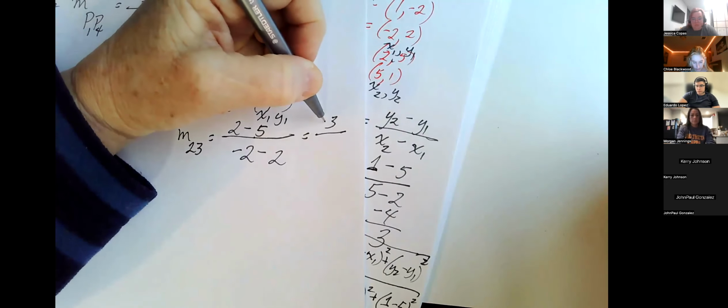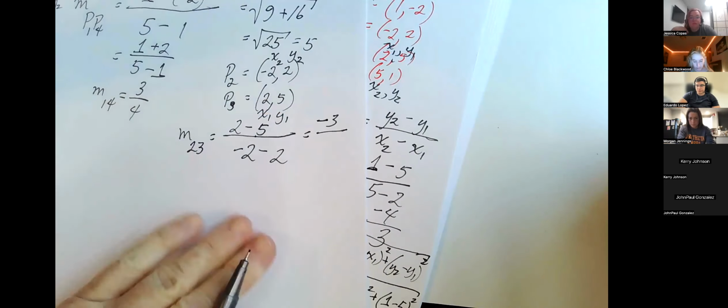X2 is negative 2. I flipped them. Darn it. It is fine to flip them as long as you're consistent. You'll get the same answer. And then X1 is 2. Good. 2 and negative 5 have different signs, so we subtract: 5 minus 2 is 3, and since the 5 is larger, the answer will be negative.